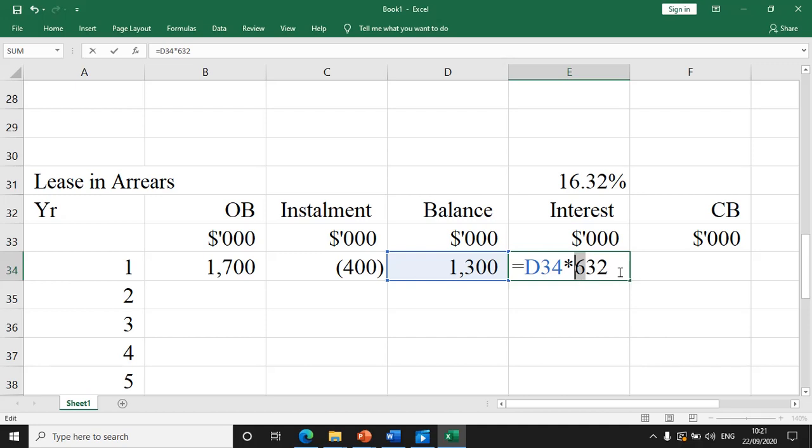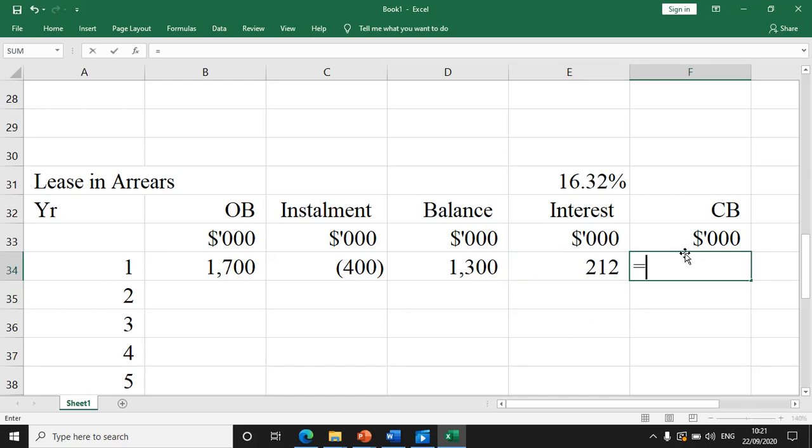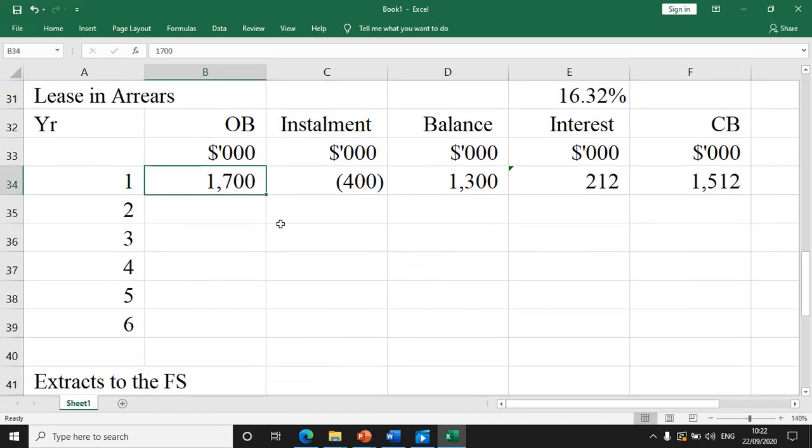Now let me just correct it. 0.632. Okay, that's what I have there. And so we always have to add our interest, so we do the necessary.